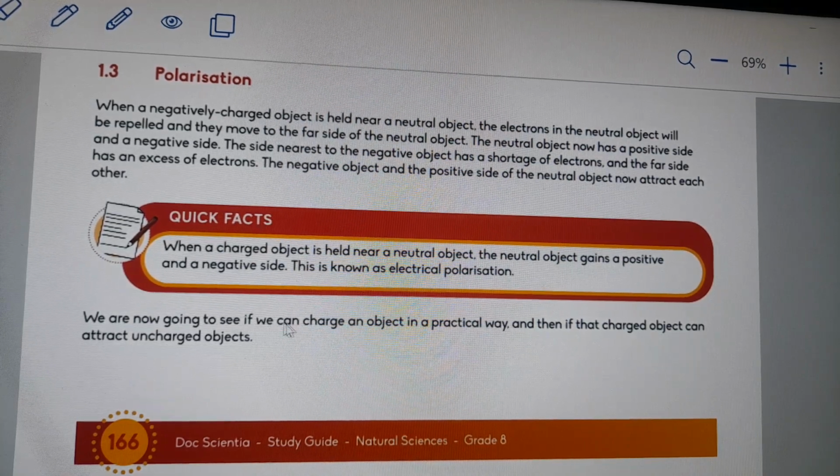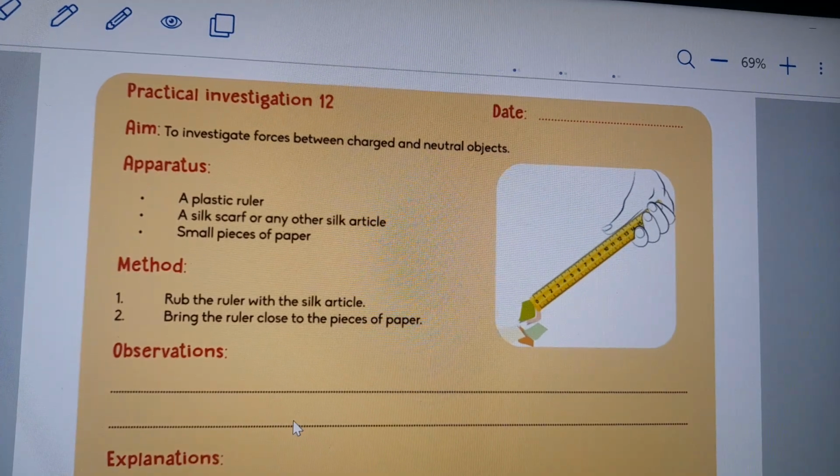We are now going to see if we can charge an object in a practical way, and if that charged object can attract uncharged objects. This is a simple practical that maybe you've done in your previous grades. The aim of the investigation is to investigate forces between charged and neutral objects.